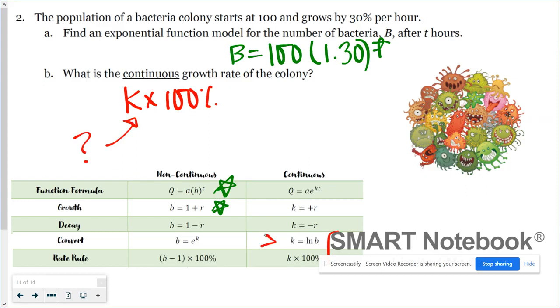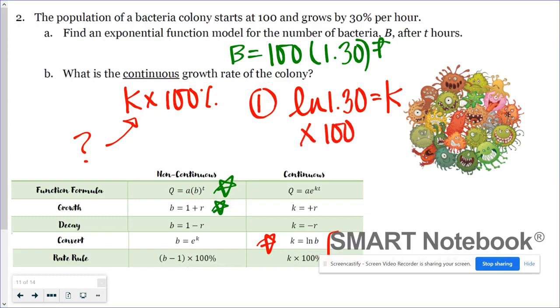So k can be found by calculating the natural log of b. So the first thing I need to do is calculate the natural log of 1.30, because this will tell me what k is equal to. Once I know that, then I can multiply by 100 to get the percentage. So I'm going to calculate the natural log of 1.30, multiply that by 100, and I'm going to get my continuous rate of 26.24%.